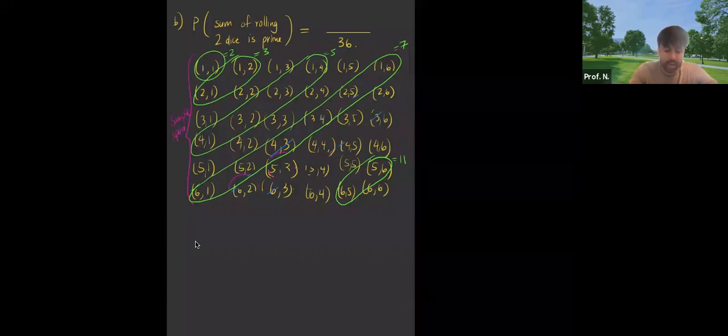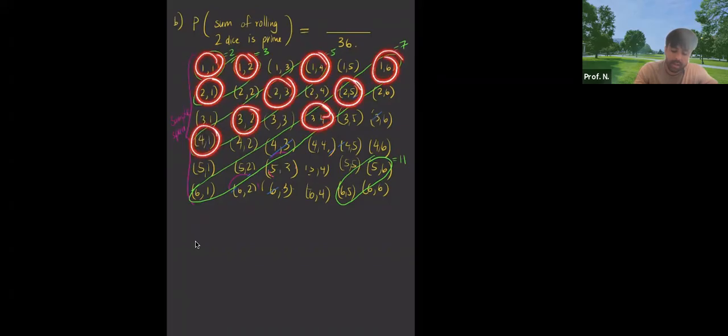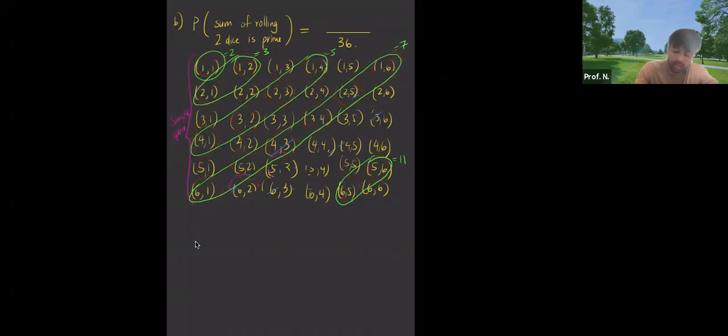So how many are there? There's 1, 2, 3, 4, 5, 6, 7, 8, 9, 10, 11, 12, 13, 14, 15. There's 15 ways. So the probability is 15 out of 36. If you reduce this, dividing by 3, you get 5/12. So the probability is 5/12.